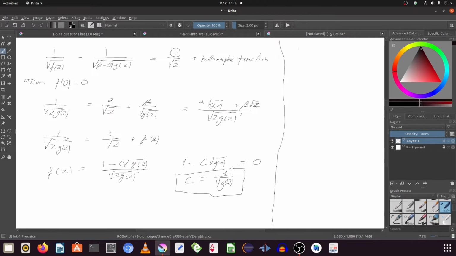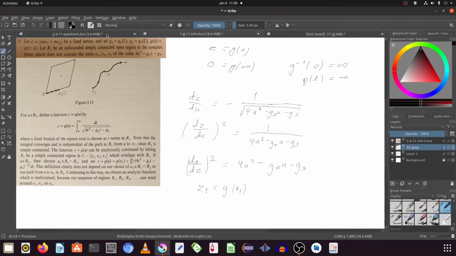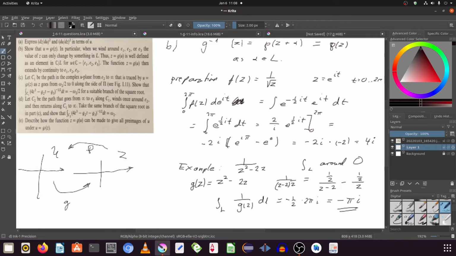So the integral times the integral over the square root, which was minus, that's not the right one.